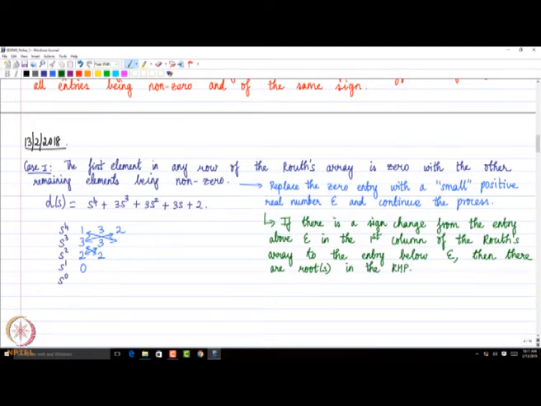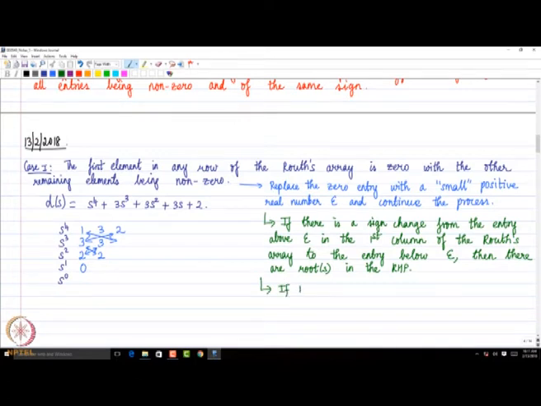That is the implication. If the entry above epsilon is positive and the entry below epsilon is negative, then there are roots in the right half plane.